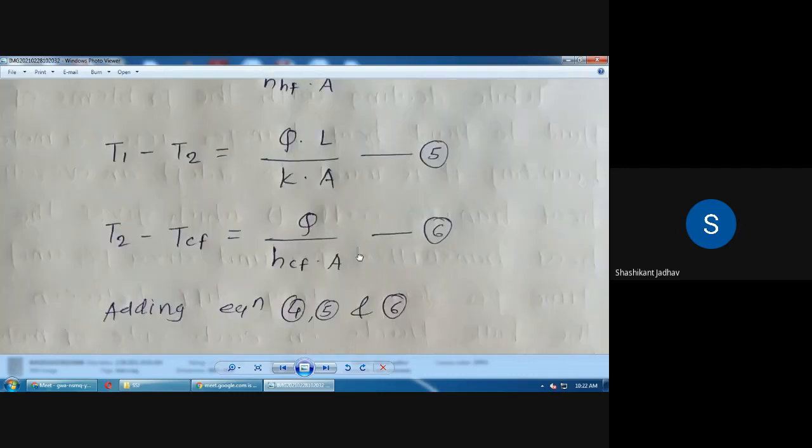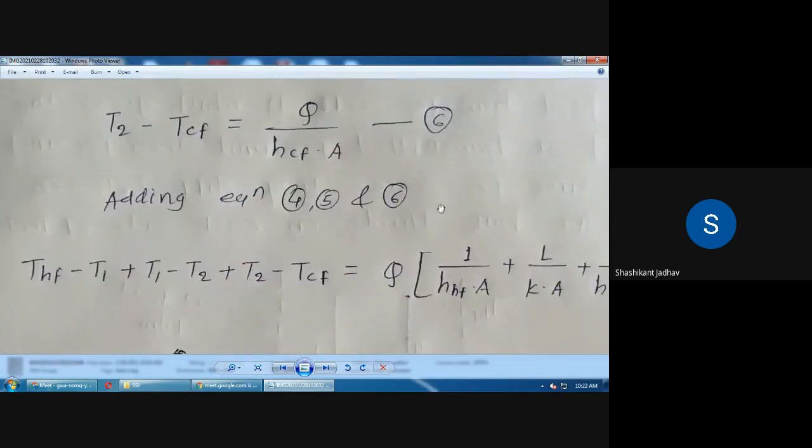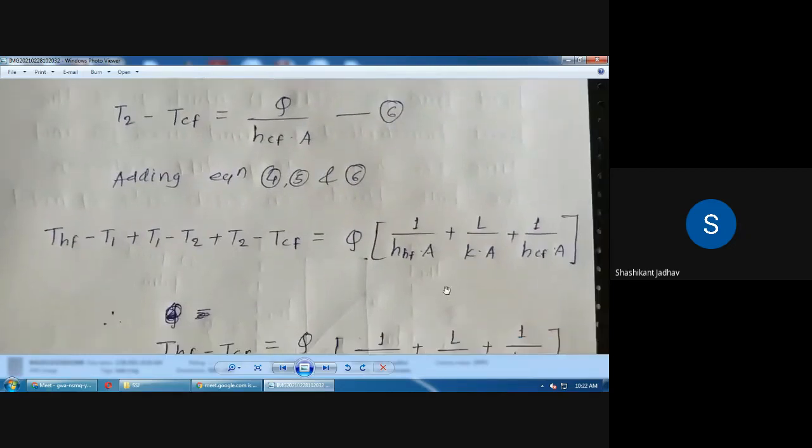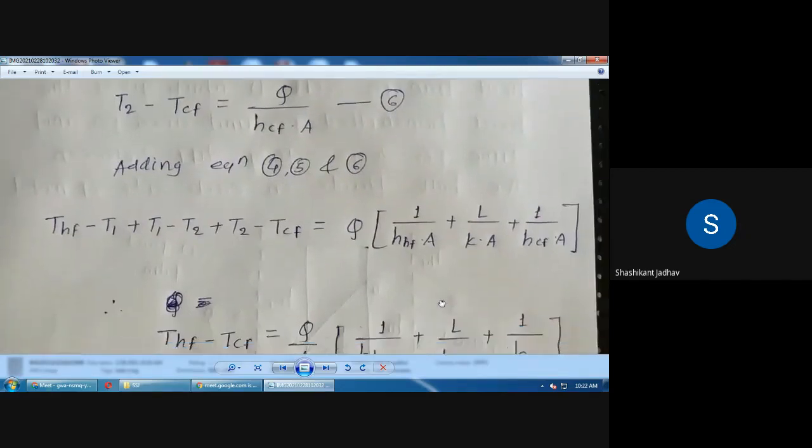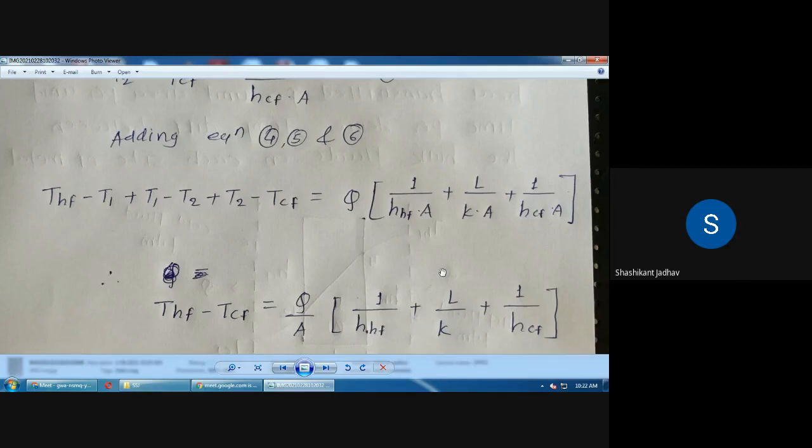Adding equations 4, 5, 6: THF minus T1 plus T1 minus T2 plus T2 minus TCF is equal to Q into bracket 1 upon HHF into A plus L by K plus 1 upon HCF into A. The area is the same for the three layers, so area is also common.